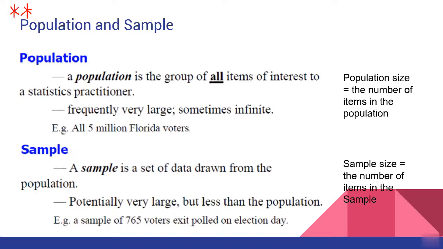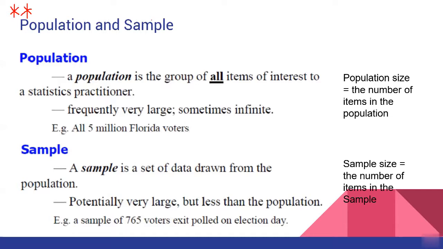Okay. As to the sample, a sample is a set of data drawn from the population, potentially very large, but less than the population. For example, if we draw a sample of 765 voters from the population, then the small set is called a sample.